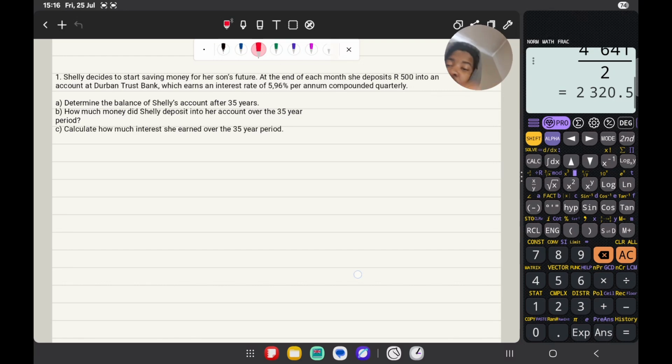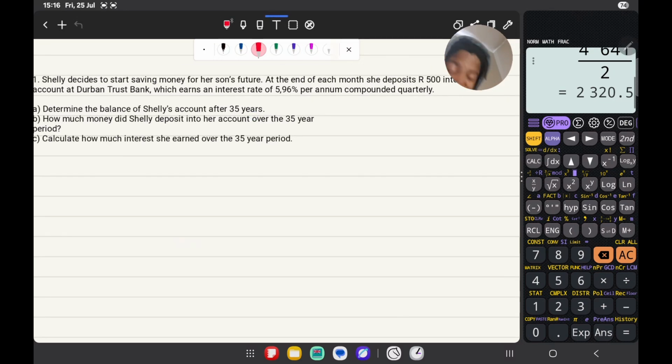So now we already know the formula we're going to use. FV equals the amount being deposited, times 1 plus I to the power of n, minus 1, over I. When we substitute, 500 is being deposited.